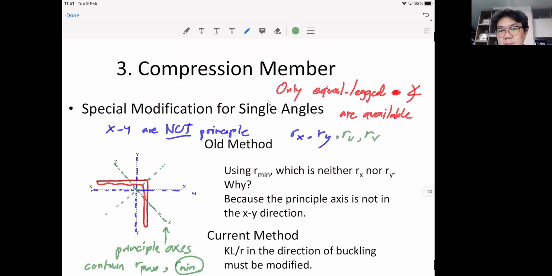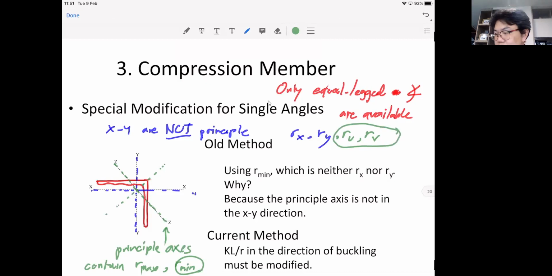So because most of the time the angles are used for the diagonal webs and so on, you know the unbraced length is the length of the member itself. So you could just easily consider the minimum radius of gyration to get the maximum slenderness ratio, right? And it's always within this Ru and Rv.